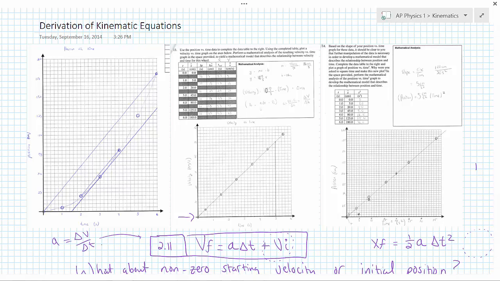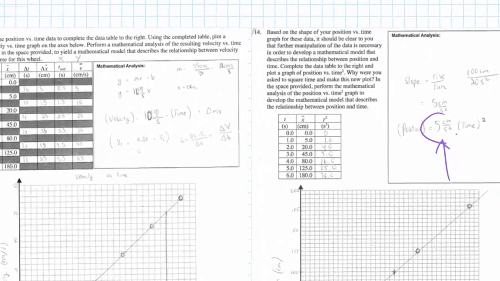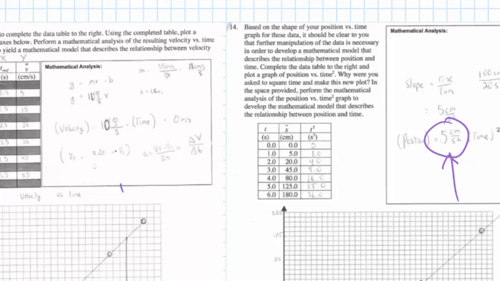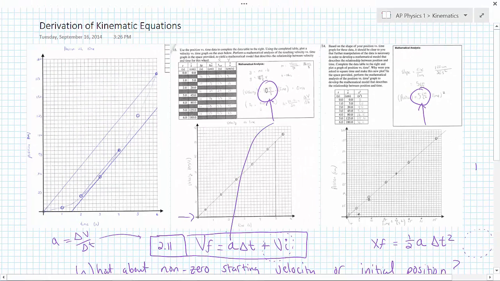So this other equation is talking about position. And when we plotted this graph, you'll notice that the slope ended up being 1/2 of that acceleration term. From the first equation, it was exactly half. So there's my little 1/2 of the acceleration. It had the same unit, which is half as big, and then it was delta t squared.